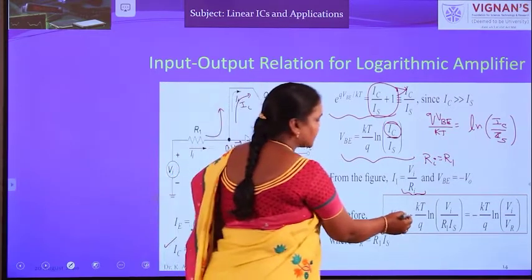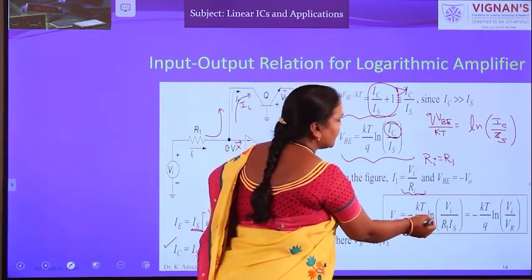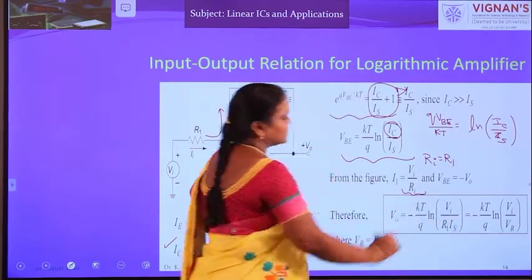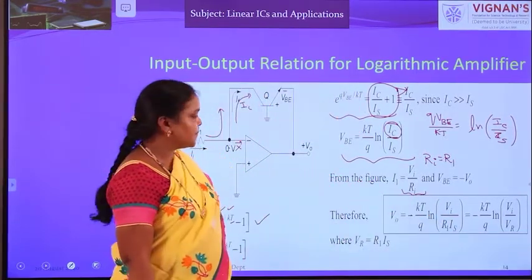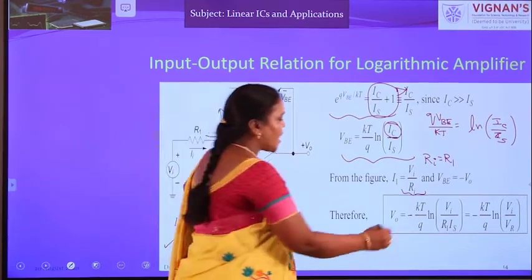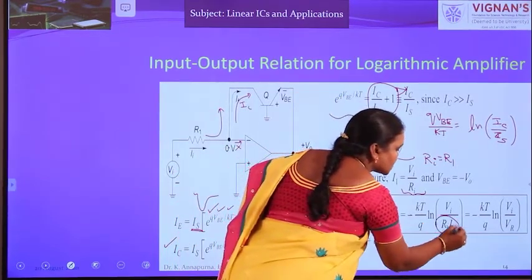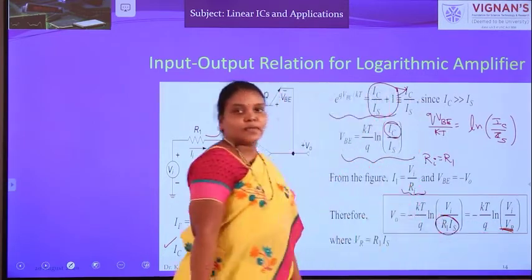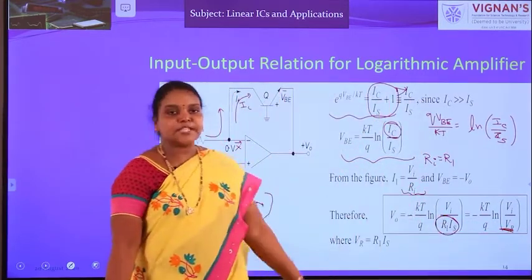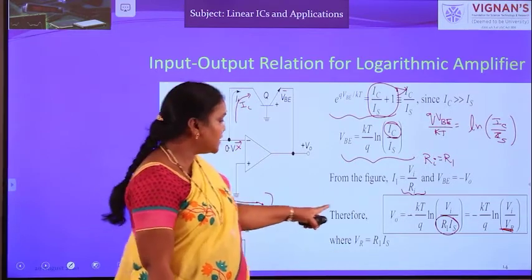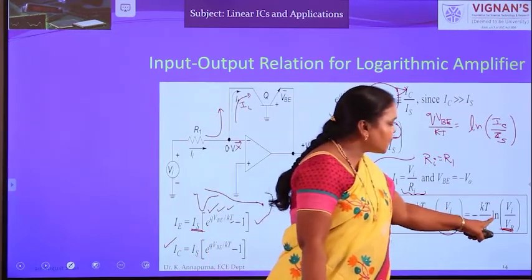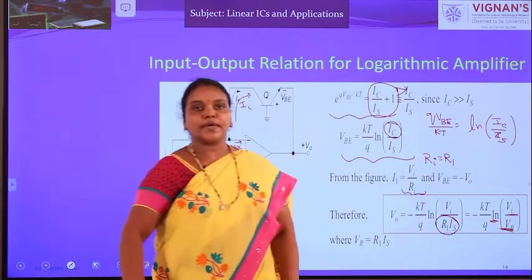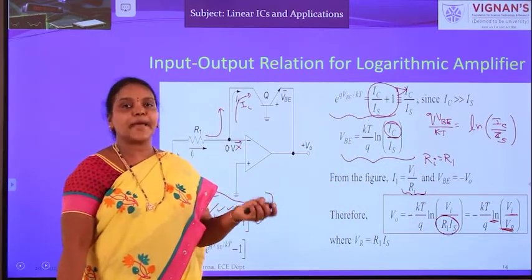That's why you got minus here: kT by q ln, and in the place of IC it is VI by R1 into IS. Okay, and this R1 into IS we are taking as a reference voltage. Then what is the output expression? It is directly proportional to logarithm of VI. Okay, that's why it is called logarithmic amplifier.